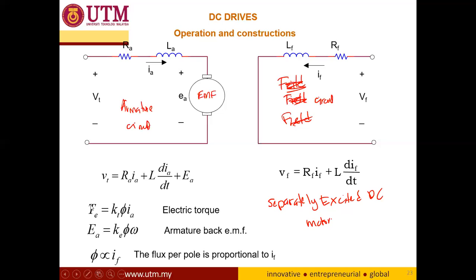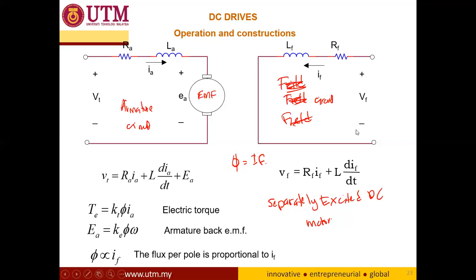Then the torque produced by the motor is equal to the constant KT multiplied with the flux, and this flux is proportional to IF. So this field circuit is just helping the armature circuit in producing the flux. The interaction between flux and IA will produce torque.